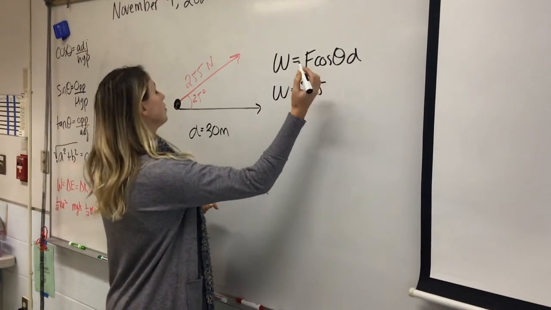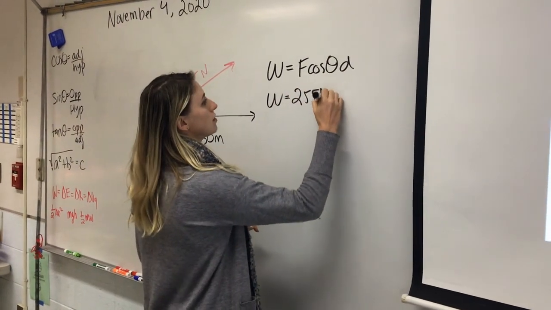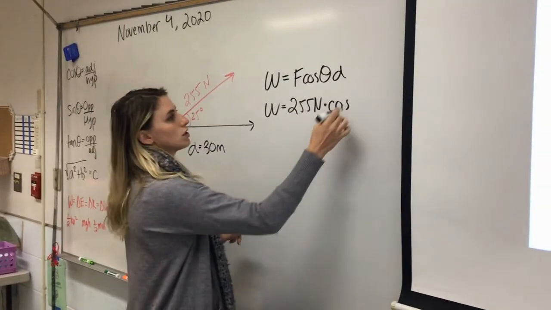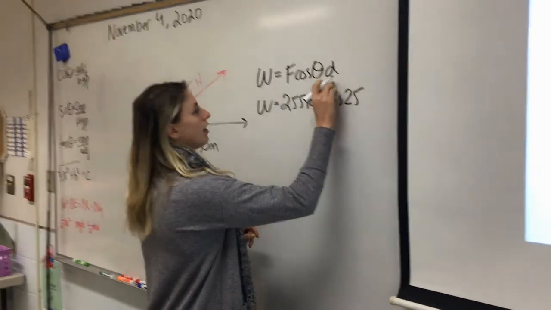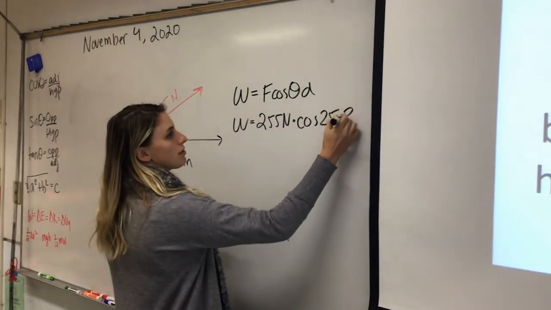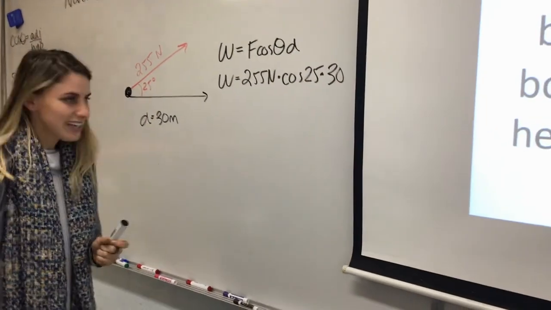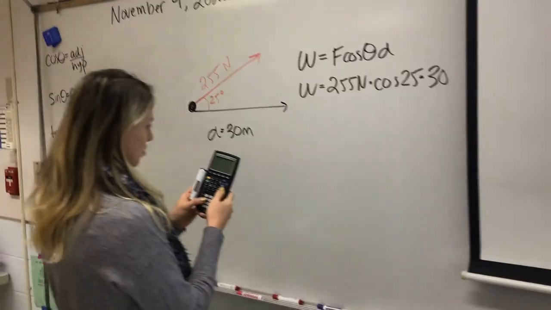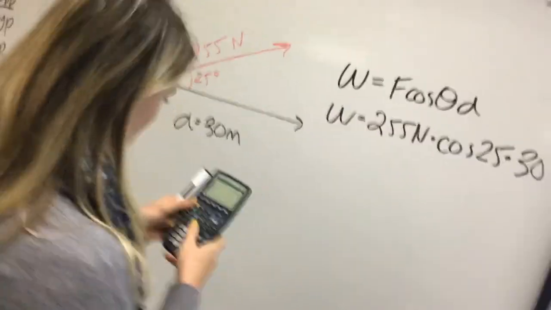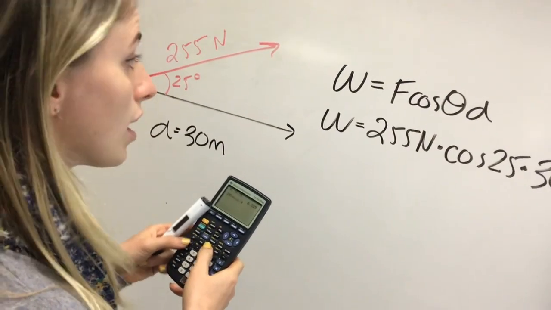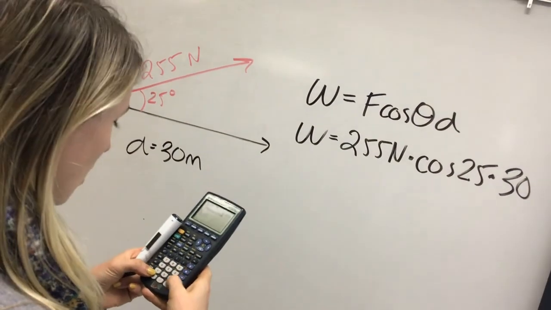It's all there. 255 newtons times the cosine of 25 degrees, and our displacement is 30 meters. Calculator time. Okay, 255 times cosine of 25 times 30.